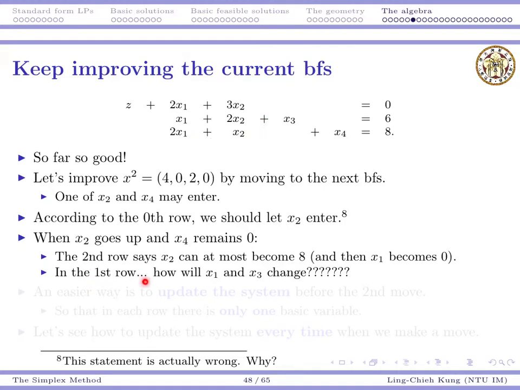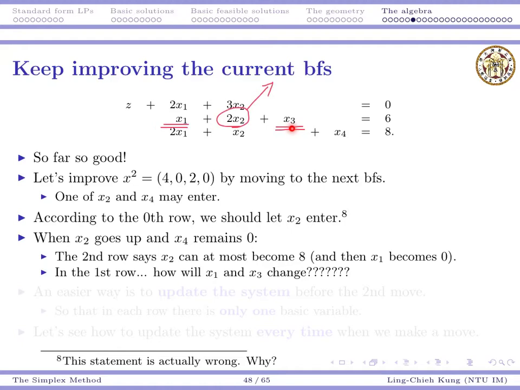But for the first row, when x2 increases, we don't know what's going to happen for x3 and x1. When this non-basic variable becomes larger, basic variables may become lower, but here, because we have two basic variables, we don't know what's going to happen. And that creates some difficulty.